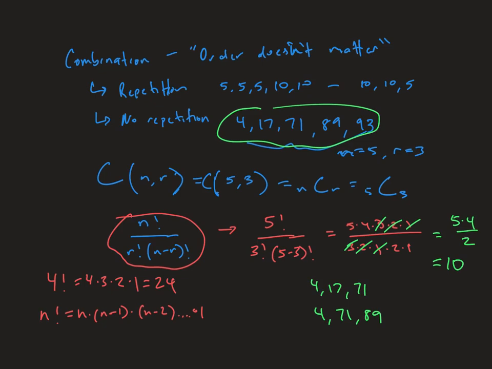Oh, and one more way that you can write it is big parentheses, with N at the top and R at the bottom. So it would be written as 5, 3. So that's another way for you to write combinations.